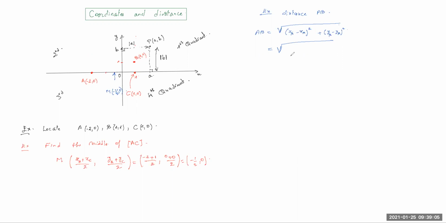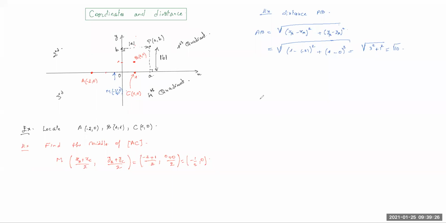So we have 1 minus minus 2 squared plus 1 minus 0 squared, which gives the square root of 3 squared plus 1 squared, which is the square root of 10.